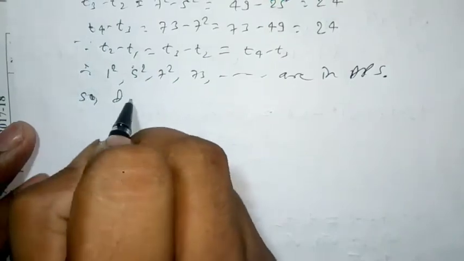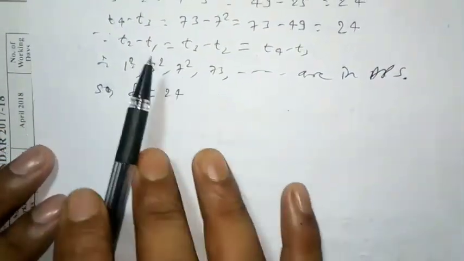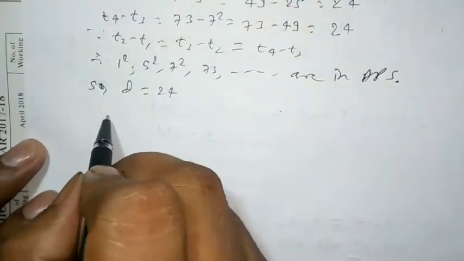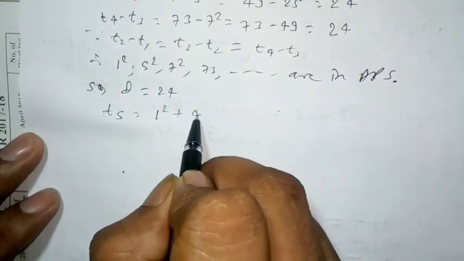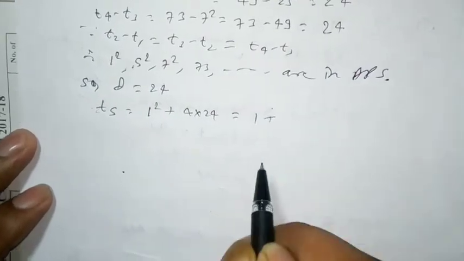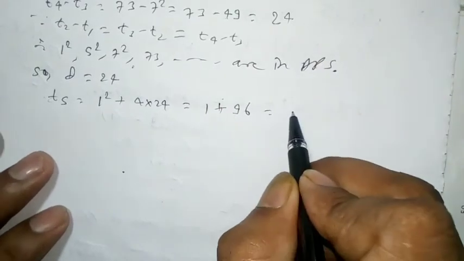So D is equal to 24. Therefore T5 is equal to 1 square plus 4 into 24 is equal to 1 plus 4 4s are 16, 4 2s are 8, it was 9, 97.